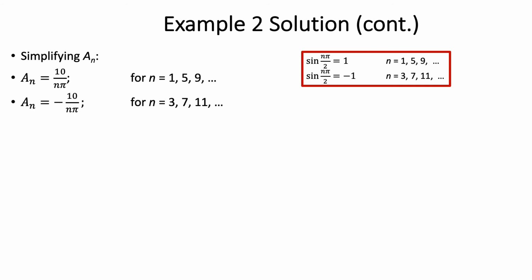We have a_n equal 10 over n pi for n equal to 1, 5 and 9, a_n equal minus 10 over n pi for n equal to 3, 7, 11 and so on.